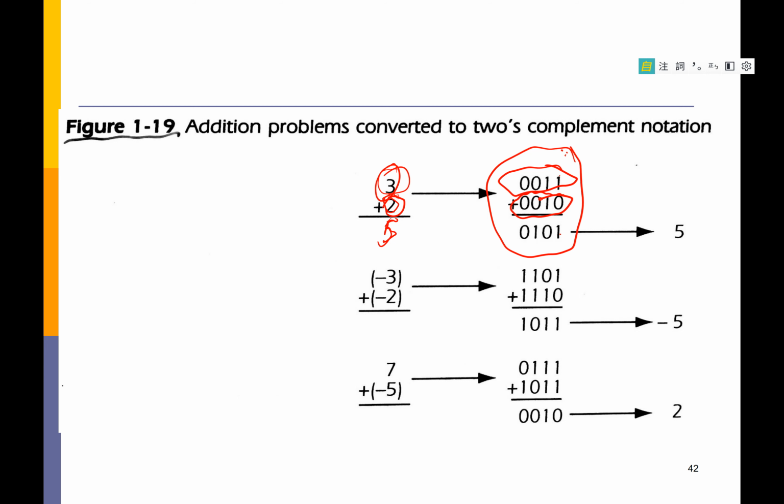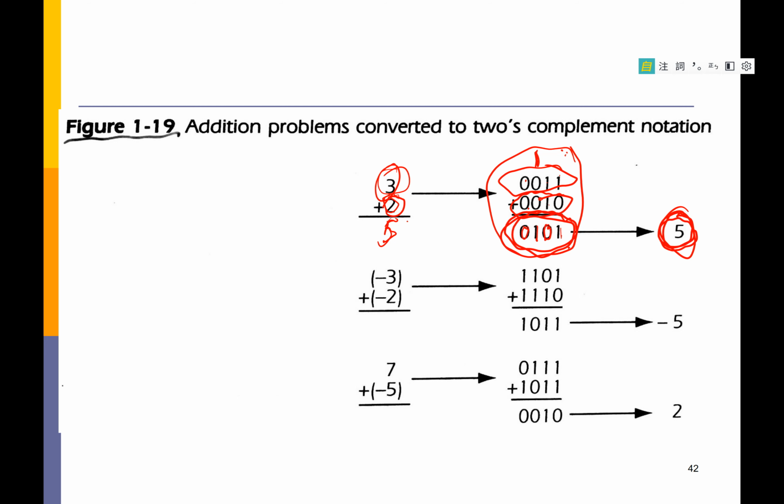So 1 plus 0 is 1. 1 plus 1 is 1, 0. So 0, and we carry 1 to the previous, to the left binary digit. So 1 plus 0 is 1, and 0 plus 0 is 0. Okay? Now, 0101. This is two's complement notation. And what value is represented by 0101? It is the decimal value of 5.